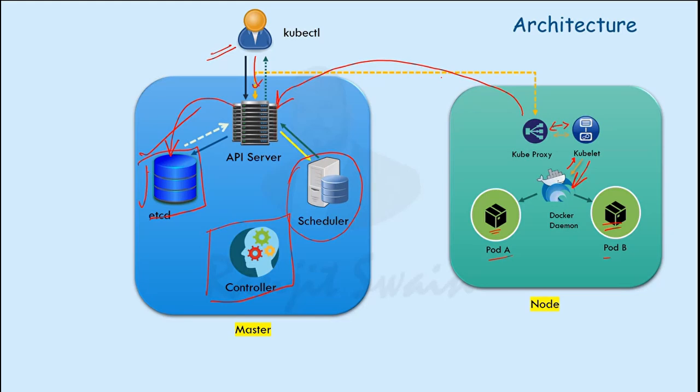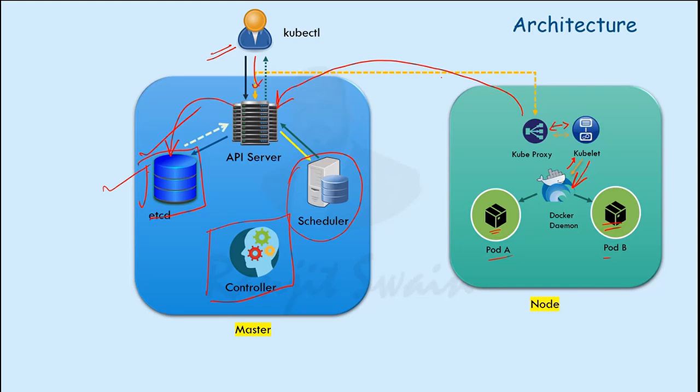So every time there is any change to the cluster, to the nodes, to any pods, everything will get updated into the etcd database. Okay, so all the information will be there. So that is how Kubernetes works. It gets all the information from the etcd database, and based on that, it works.